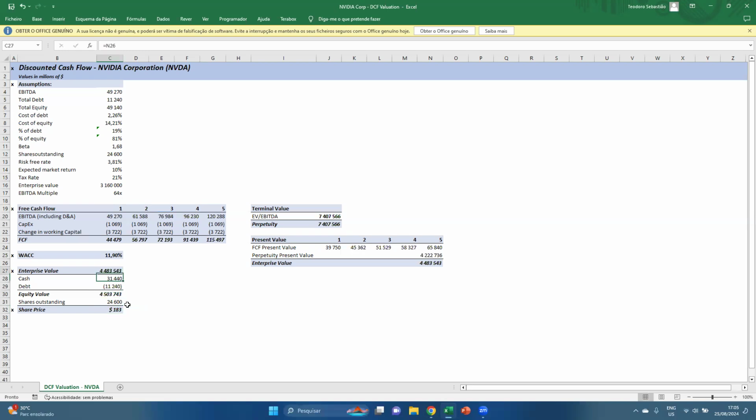So we have to, if we analyze the past income statement and the growth margin or the margin of the EBITDA, the growth of the EBITDA based on the past 10 years or 5 years, we were going to have a decent percentage.